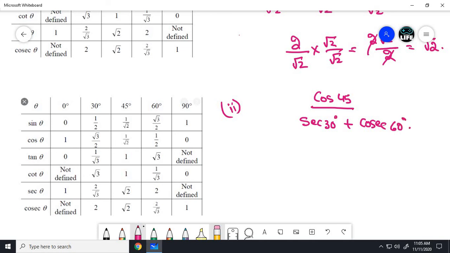So what is cos 45 degrees? Cos 45 degrees is 1 by root 2, by, what is secant 30 degrees? Secant 30 degrees is 2 by root 3, plus cosecant 60 degrees. Cosecant 60 degrees is also 2 by root 3.